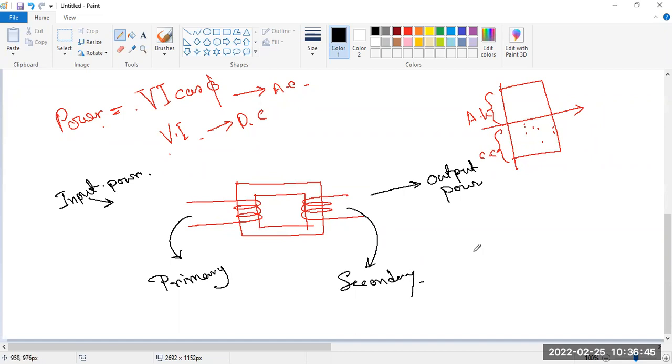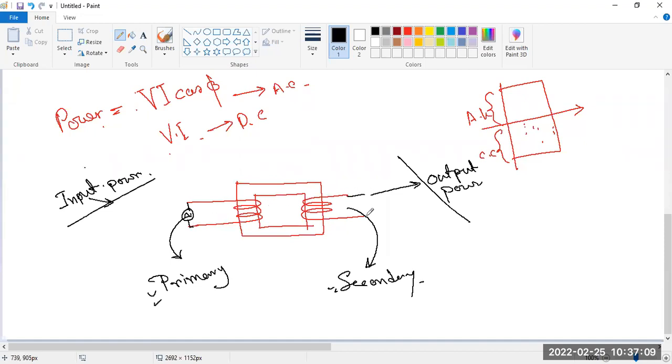Next time we will not talk about input or output; we will talk about the primary side and the secondary side. In the primary section, we apply some AC. A transformer is for AC.